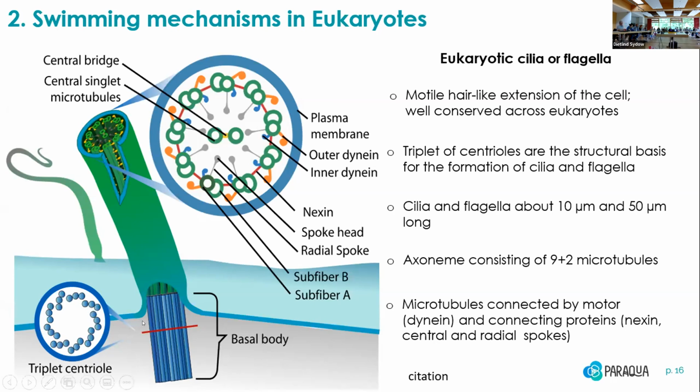From this basal body, we have the development of the central axoneme. This axoneme, as we can see here in the cross section, is basically made of nine lateral microtubules and the central pair of microtubules. Between the different microtubules, we can find motor proteins such as the dynein arms, but also connecting proteins such as nexin and radial spokes.